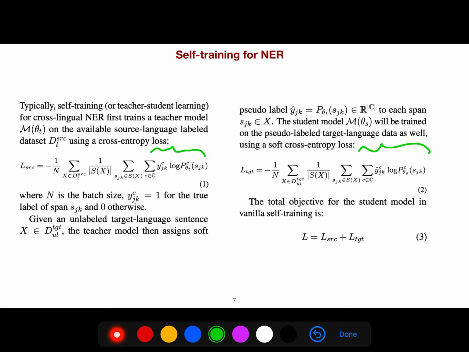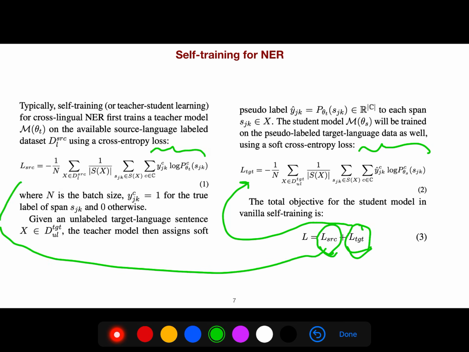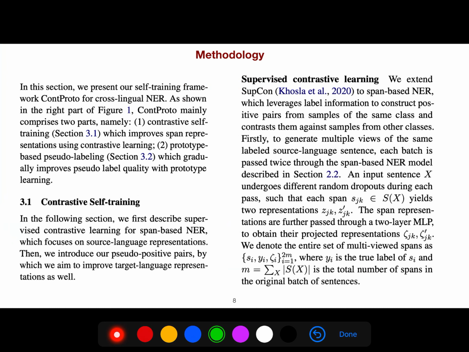The total objective for the student model in vanilla self-training is the loss of source plus the loss of target. The target loss we've just defined here, and the source loss is defined here.